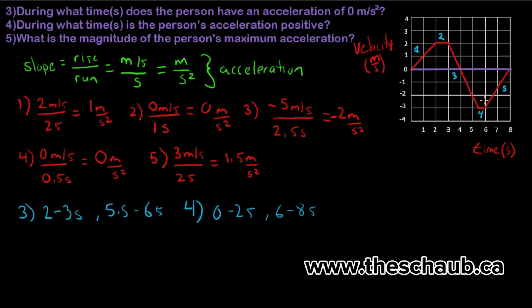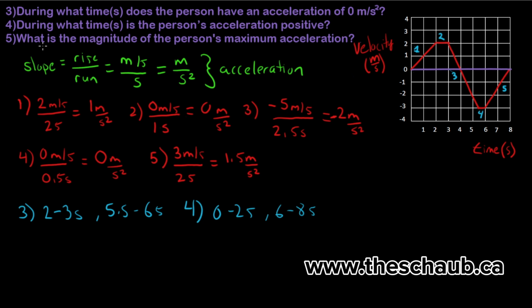Similarly to this line here, we'd end up at a positive velocity. This line, if we ran it all the way to infinity, we'd end up at a negative velocity, so this would actually be a negative acceleration. So that's another way to think about the accelerations on a velocity time graph.